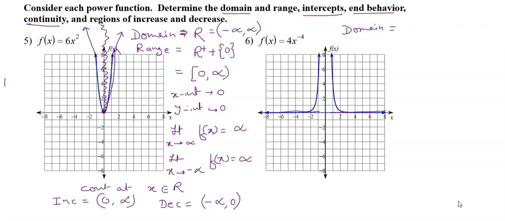So the domain is all real values except 0. You can write it like this: negative infinity to 0, with 0 open because you don't want to touch it, because the domain does not cover 0, and from 0 to infinity.